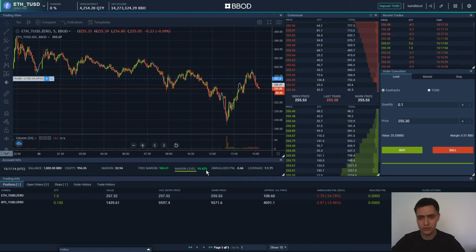So all your positions will be automatically closed and you will lose everything you have on your perpetual account, right? Unrealized P&L, which is the sum of these figures in here, and your leverage, which is 1 to 1.71, because these positions are really small for the account size I have in here.